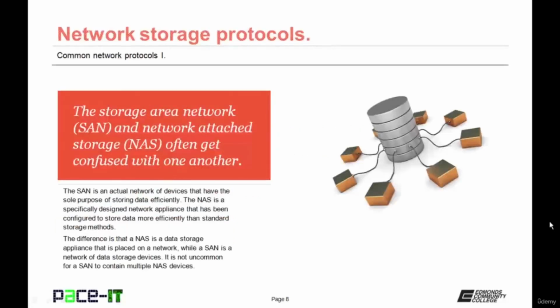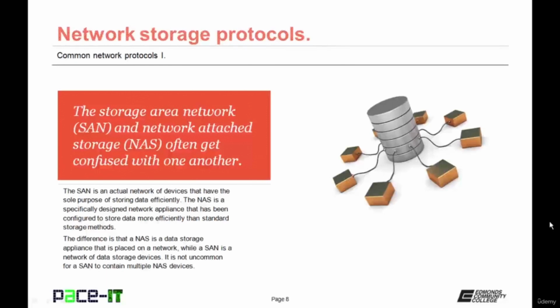Before we move on to the protocols, let's talk about the storage area network and the network attached storage. The storage area network, or SAN, and the network attached storage, the NAS, often get confused with one another, but they are actually very different. The SAN is an actual network of devices that have the sole purpose of storing data efficiently.